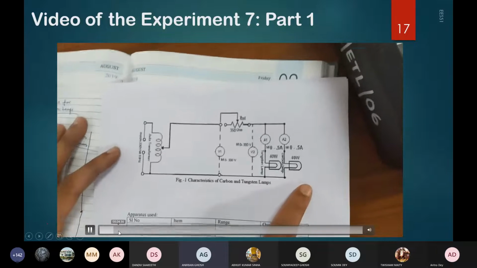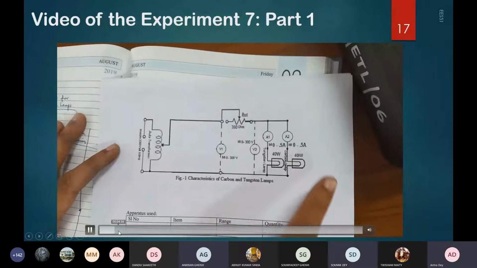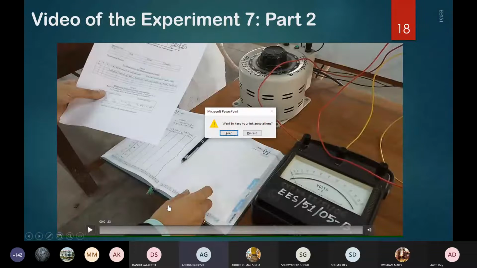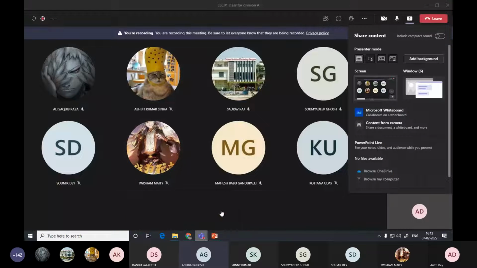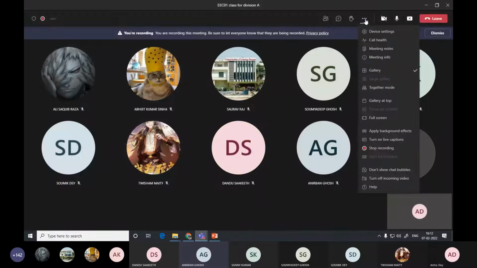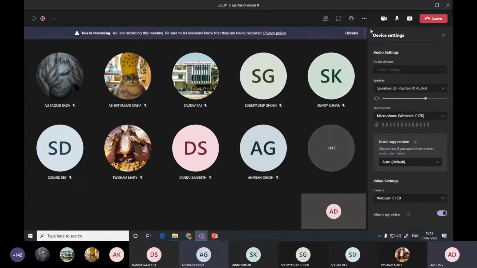Now? No, sir. Sir, while sharing, there will be an option of include system audio. We have to tick on it. I did that only.